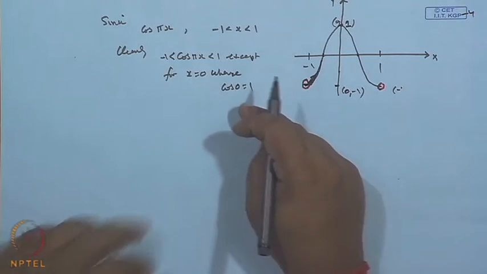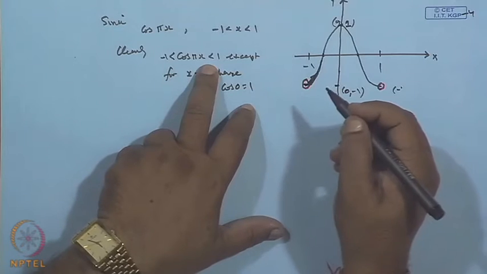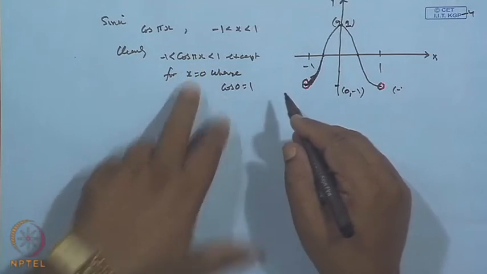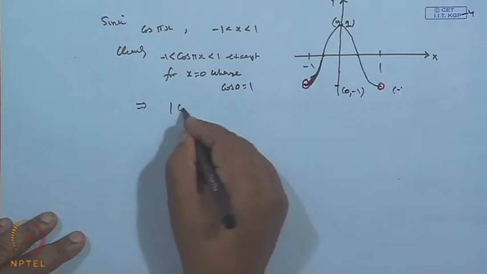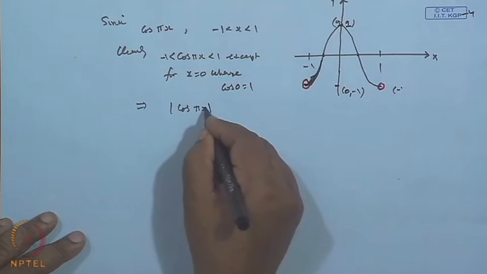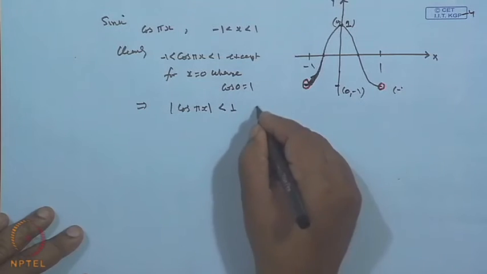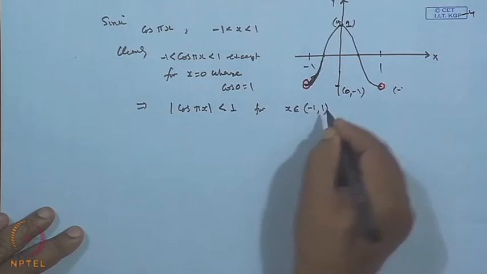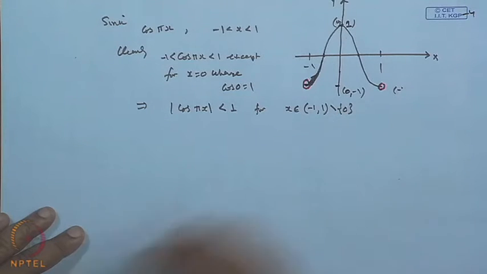So, when x is different from 0, the value is always between -1 and +1, that is, the mod of cosine πx will be less than 1. So, this shows that mod of cosine πx will remain less than 1 for all x belonging to the interval -1 to 1 minus the singleton set {0}.